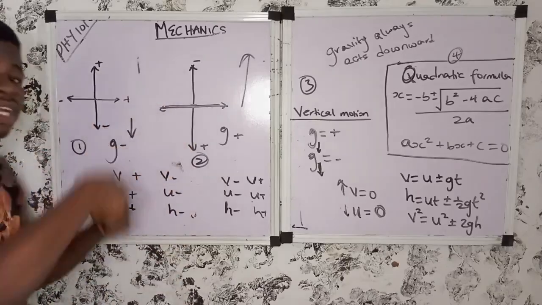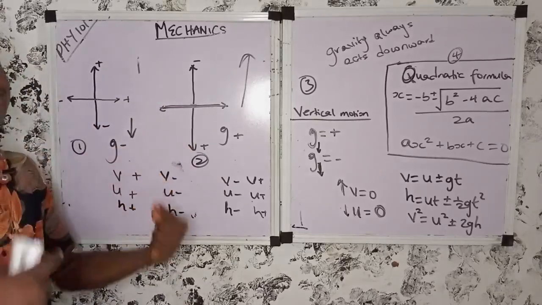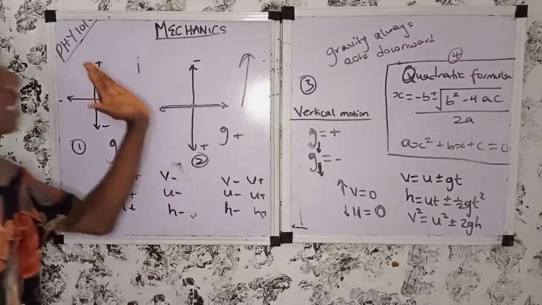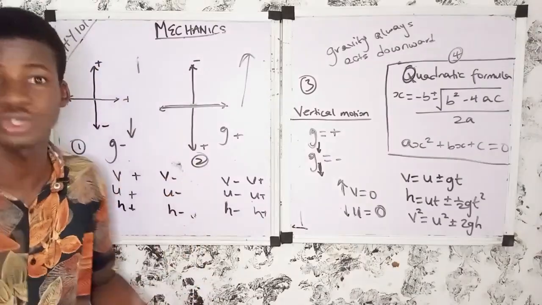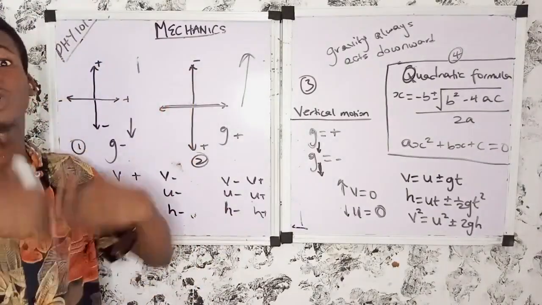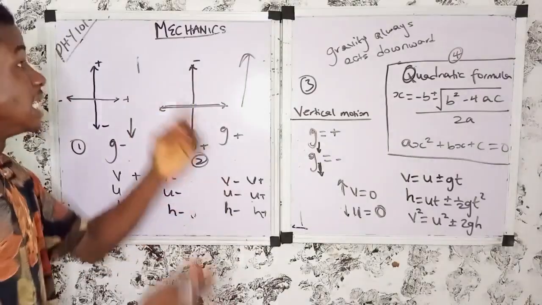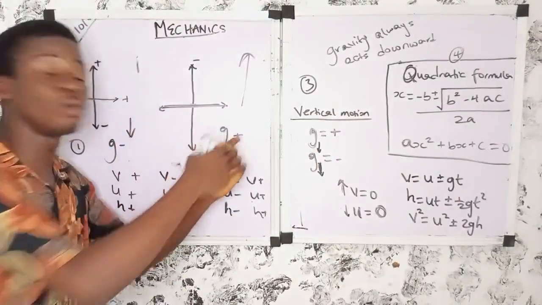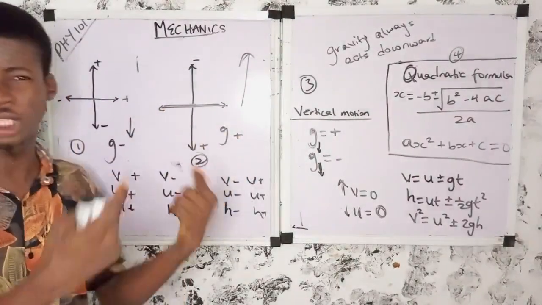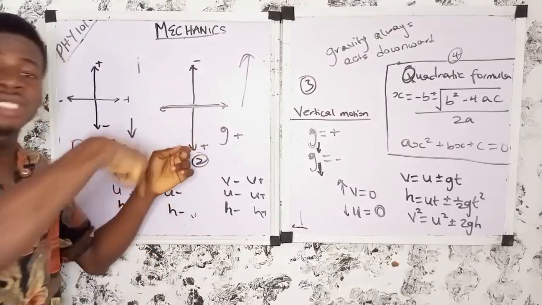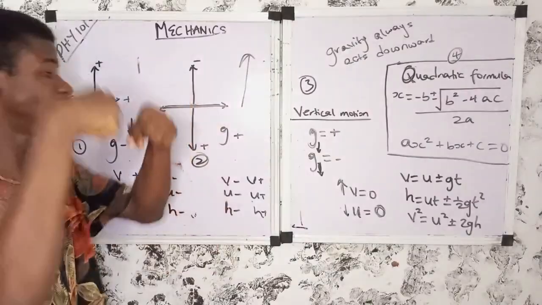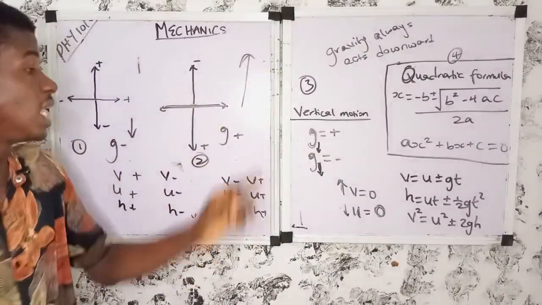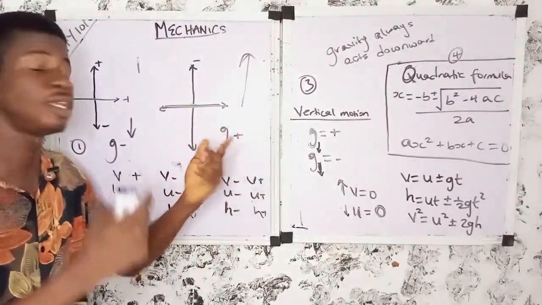Now in the second coordinate, G is not affected by the direction of motion. Whether the body is moving upward or downward, G is positive in the second coordinate, because moving downward in the second coordinate is usually positive, and G always acts downward. So this is why in the second coordinate G is usually positive.